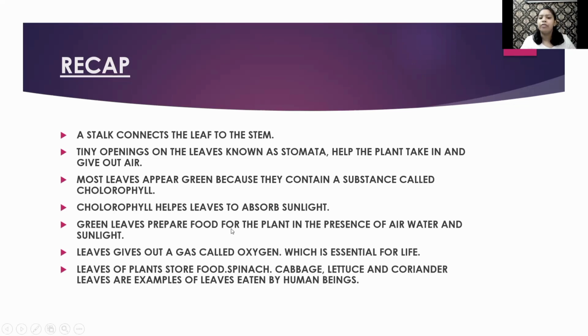Green leaves prepare food for the plants in the presence of water, air, and sunlight. Leaves give out a gas called oxygen, which is essential for our life. Leaves of plants store food. Spinach, cabbage, lettuce, and coriander are examples of leaves that human beings eat.